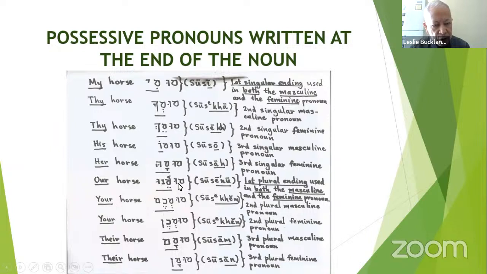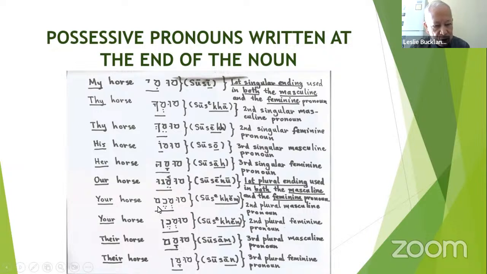When you have sus followed by the possessive pronoun ending, which is first person plural, which can be used with both the masculine gender noun and the feminine gender noun, you have susenu, which means our horse.